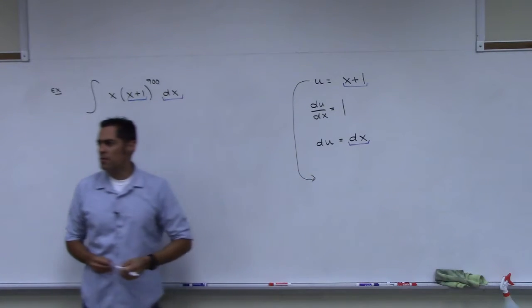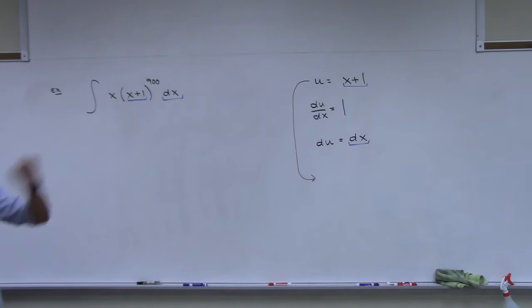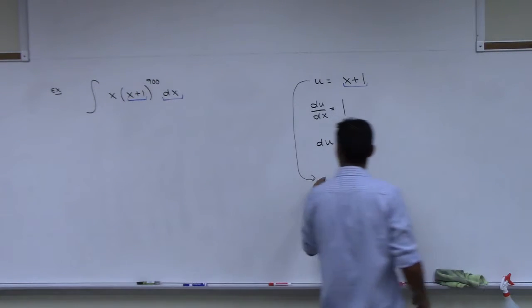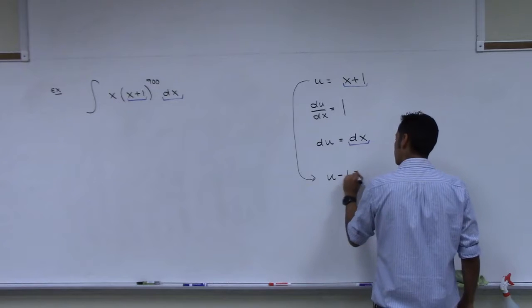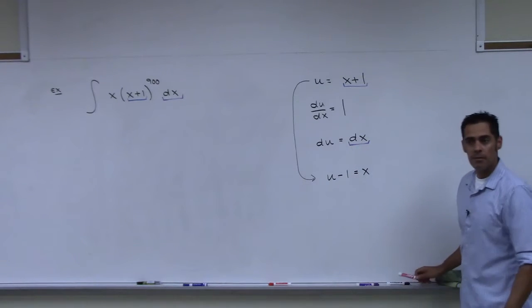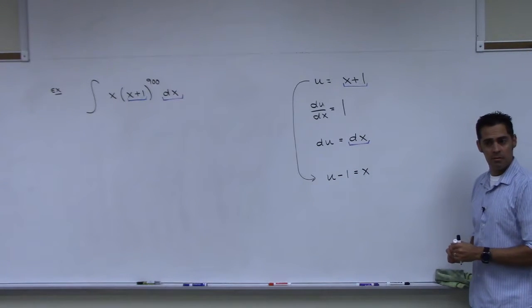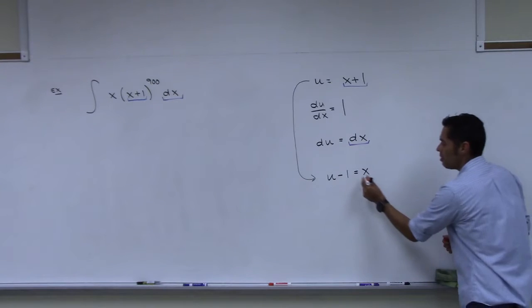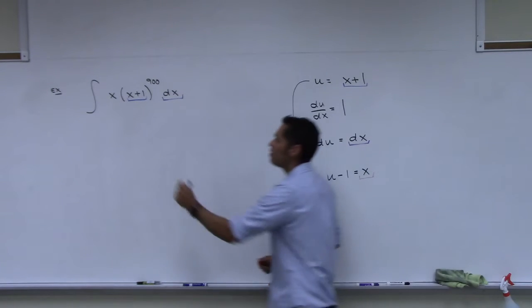Could you solve that equation for x? If I asked you, hey, take that equation, solve for x, what would you do? You just subtract 1 on both sides, right? Yes? So wouldn't this become u minus 1 is x? Yes? Yeah, right? So now I have something I can replace x with.